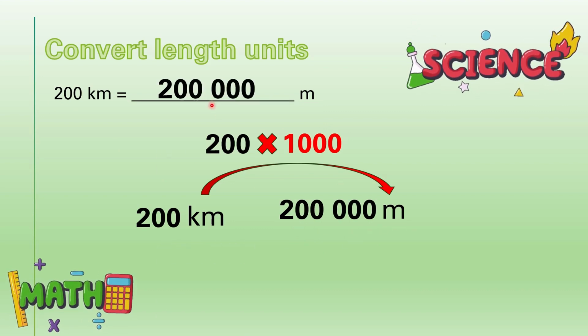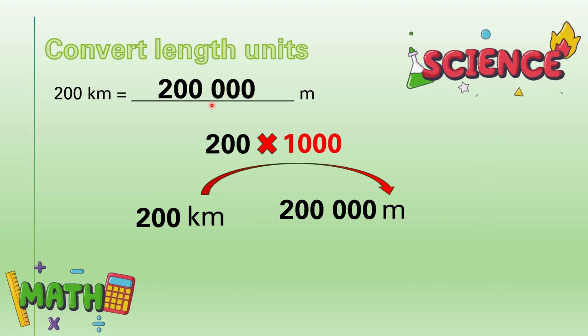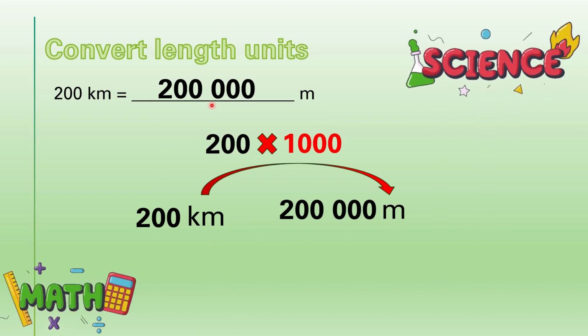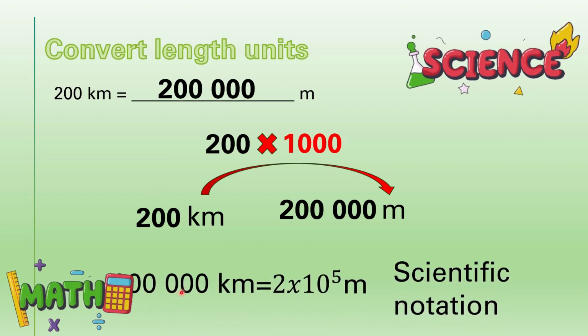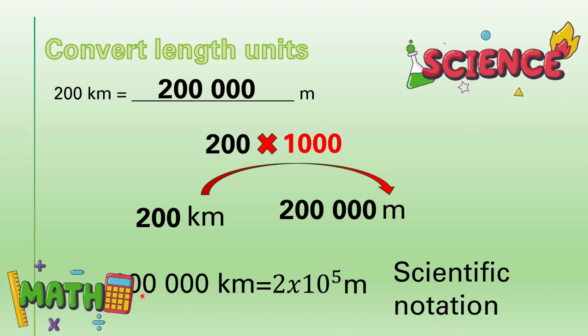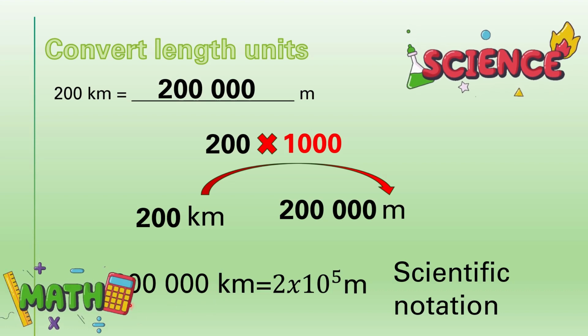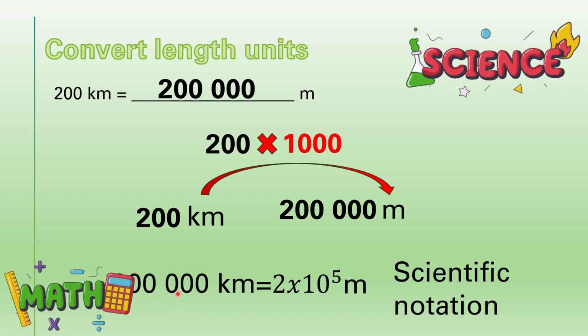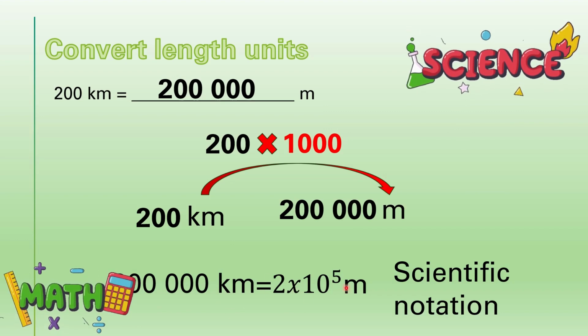This is actually correct answer, but in scientific notation or basically in science, this will not be correct, which is meaning that you need to simplify this. How you can simplify this? So count how many zeros do you have. So how many spots you need to move. So from 2 to the right side. So let's see, 1, 2, 3, 4, 5. So 5 spots, which is meaning basically this will be 2, which comes from here, times 10 on the power 5.